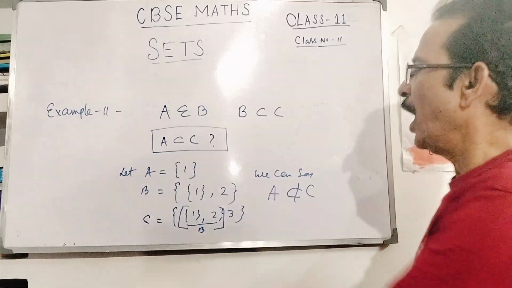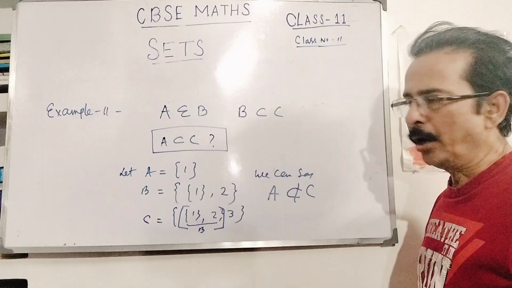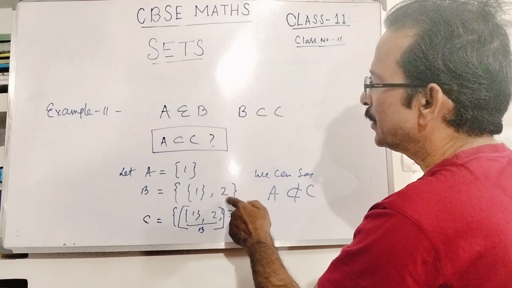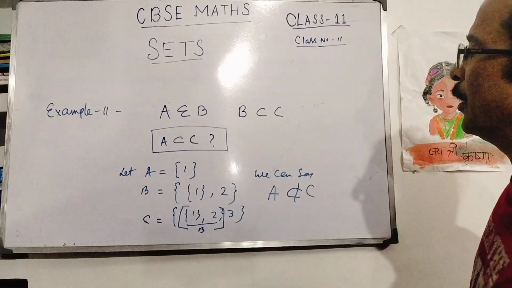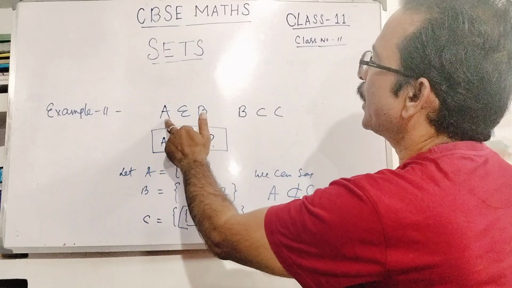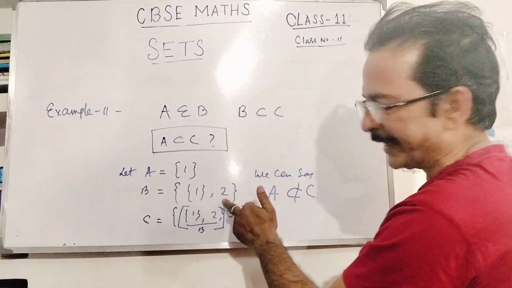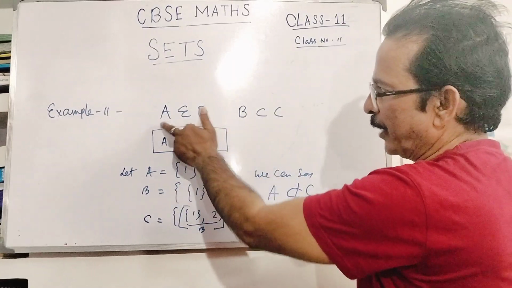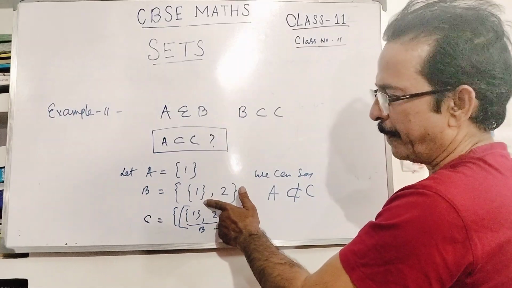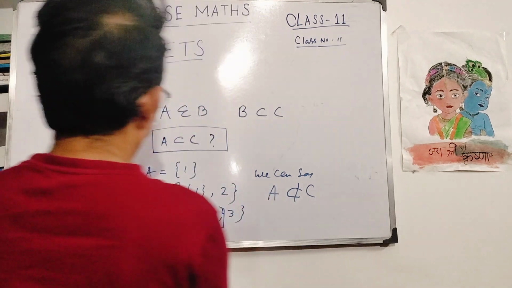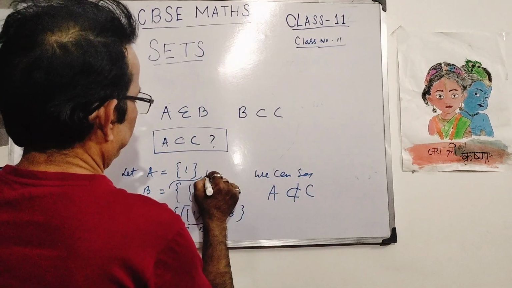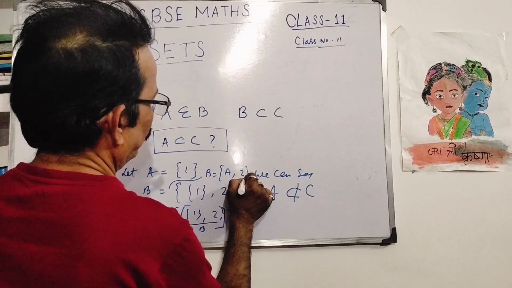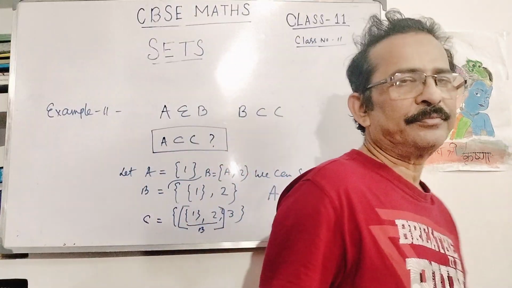And B is the set with 1, that means A, and another element 2. As A belongs to B, in this set B the element A is also there. Understand?